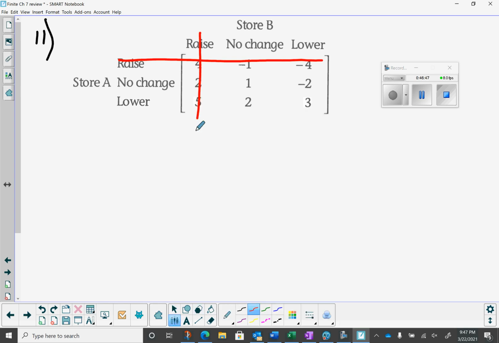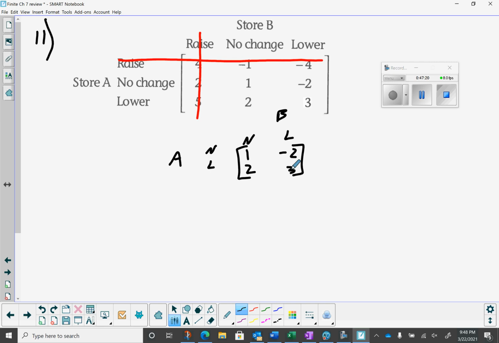So yeah, let's not raise prices. So now we've got it down to here's our new matrix. We don't have a saddle point here.